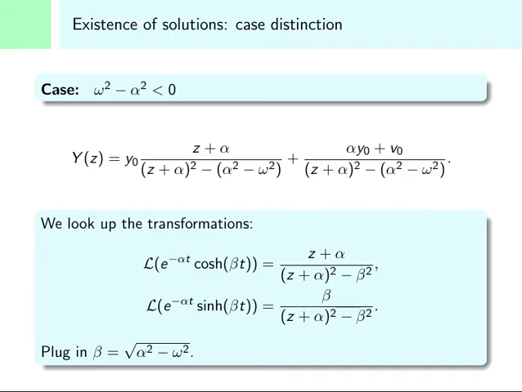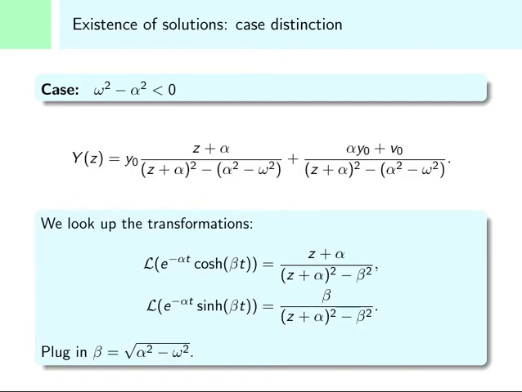Now for each of those two fractions, we can look up the original functions under the Laplace transform. The first fraction has the form z plus alpha over z plus alpha square minus beta square, where beta is the square root of alpha square minus omega square. And that is the Laplace transform of exponential negative alpha t times cosine hyperbolicus of beta times t.